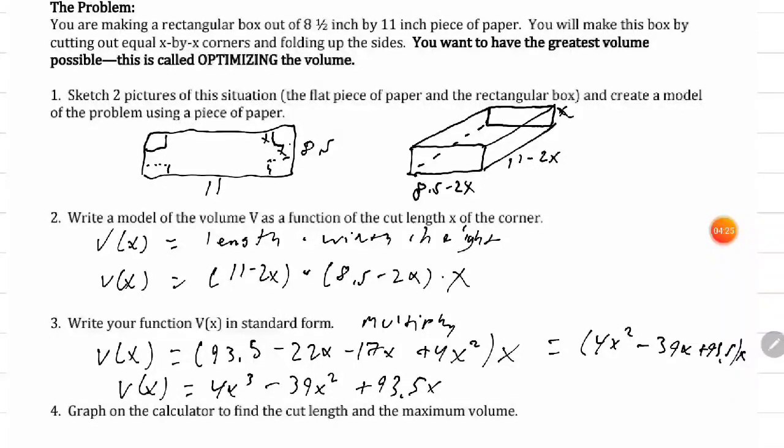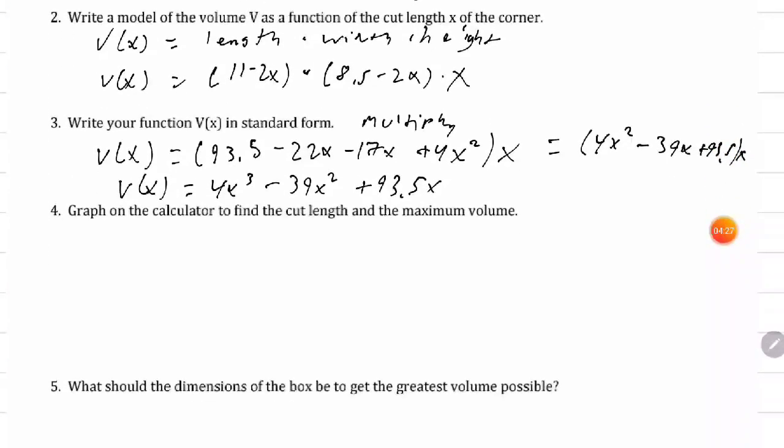Now, graph on the calculator to find the cut length and maximum volume. First thing we have to do, before we even go to the calculator, is find our limits, or how far x should go, because we can't cut 20 inches out if we have an 11-inch side.